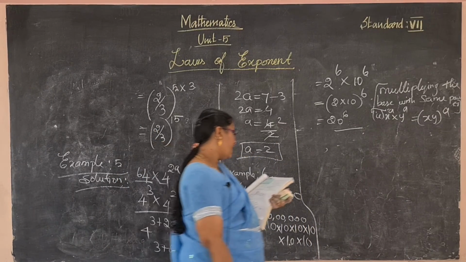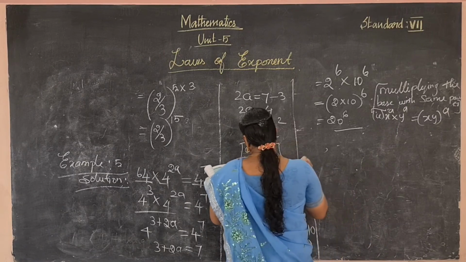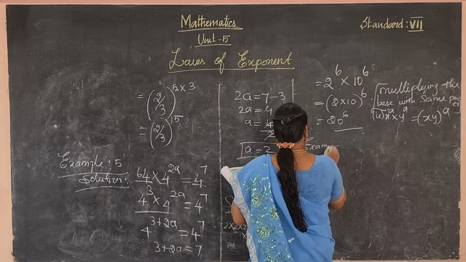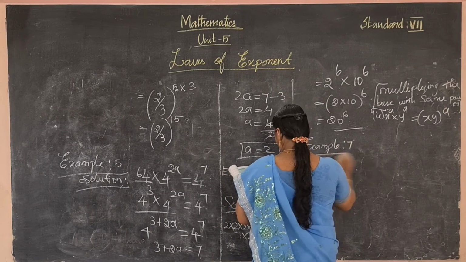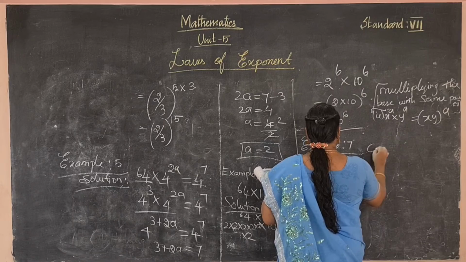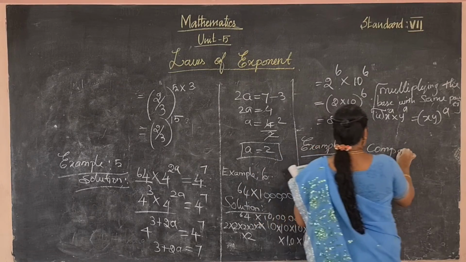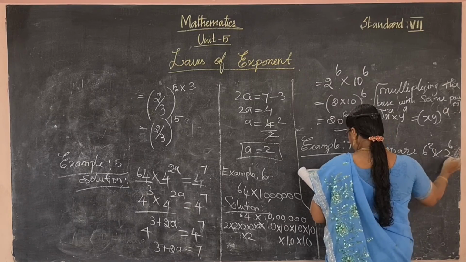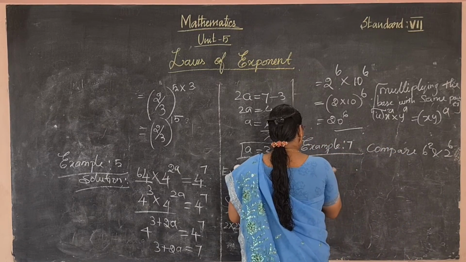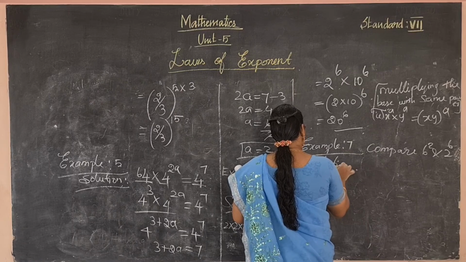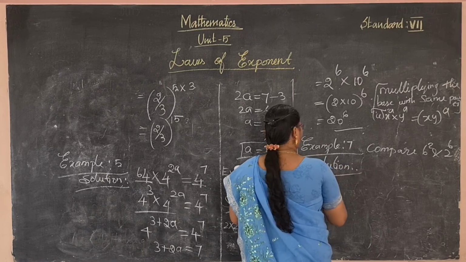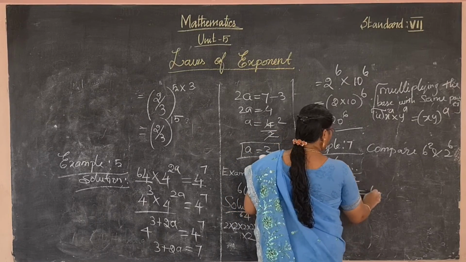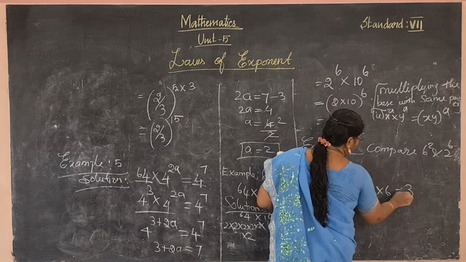Next one, example 7. Compare 6 squared and 2 power 6. Compare means which one is greater. So solution: first, 6 squared means 6 multiplied twice, so 6 sixes are 36.